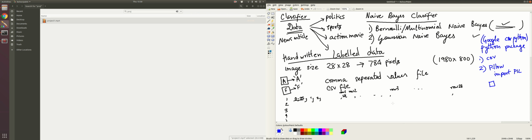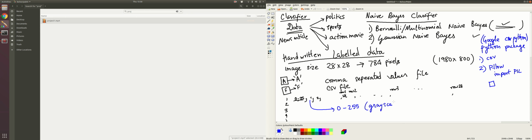Okay, so now coming back to the image, right? So I need to tell a few more things about that. So one thing we have understood is that the image size is 28 cross 28, and there are 784 pixels. Each pixel here contains a value between 0 to 255. Okay, so this is a grayscale value.